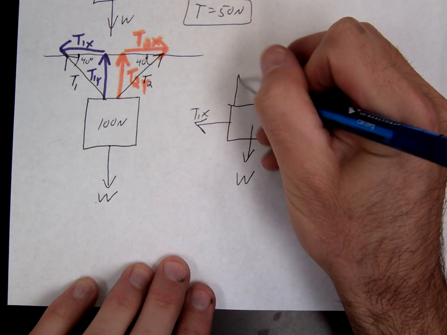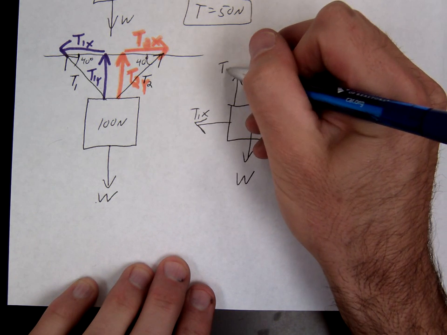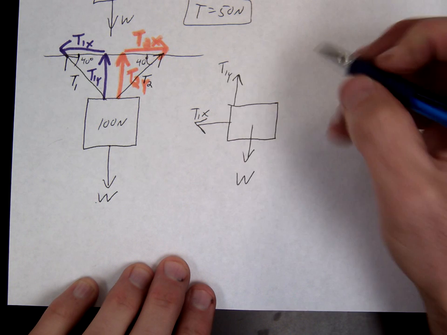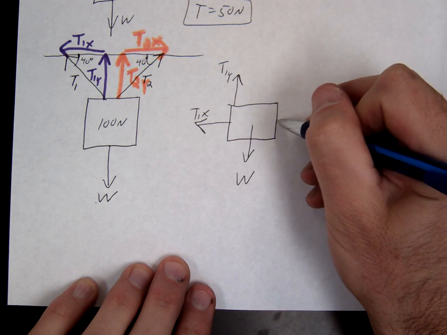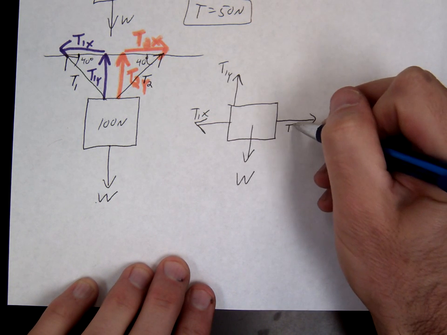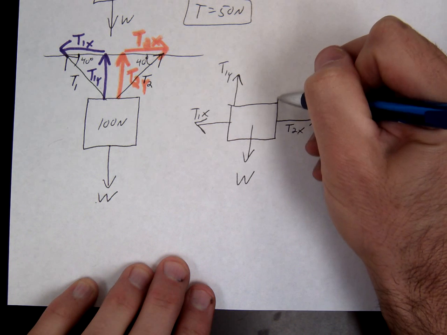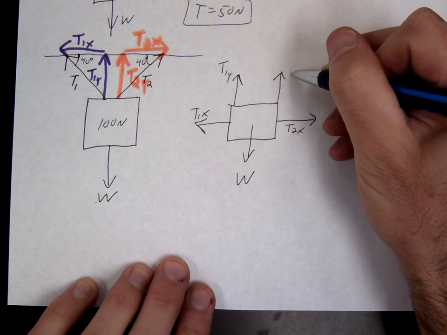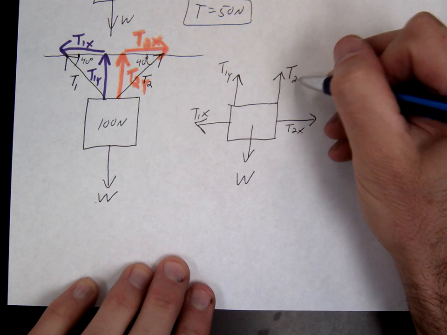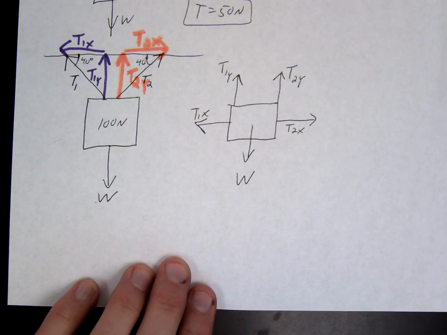We have this one which is T1y, T2x, T2y.